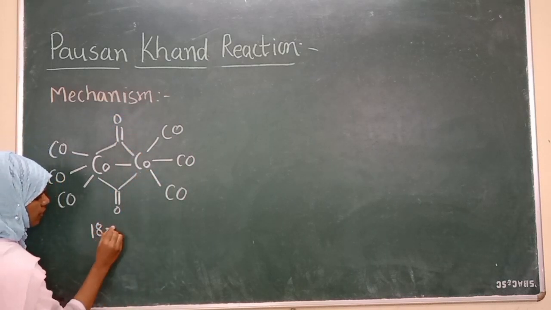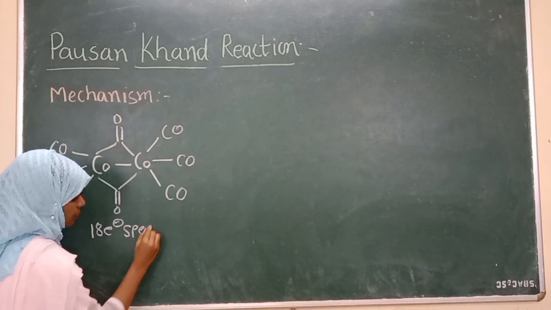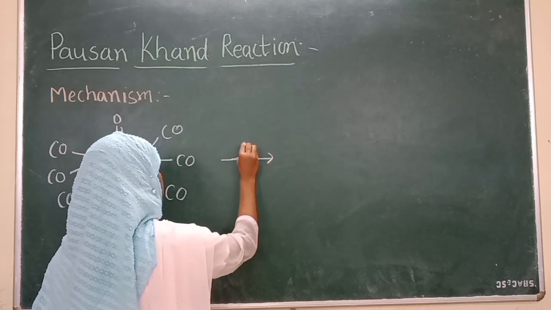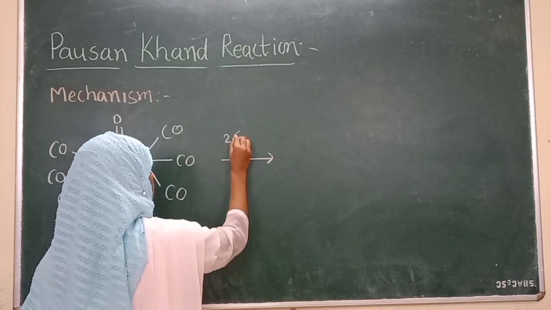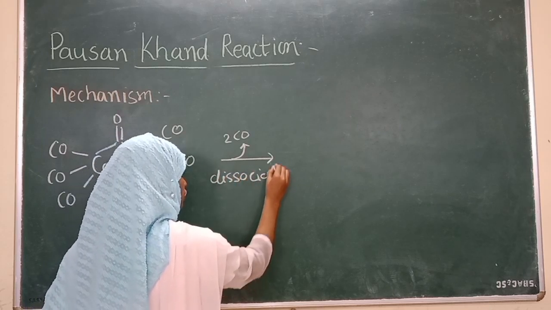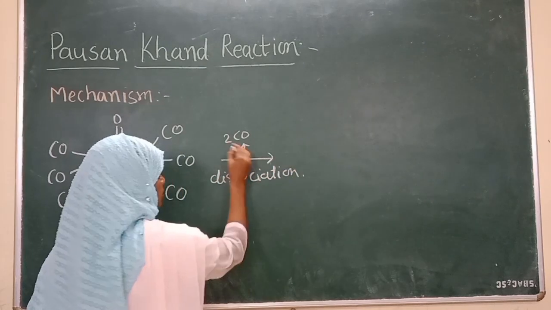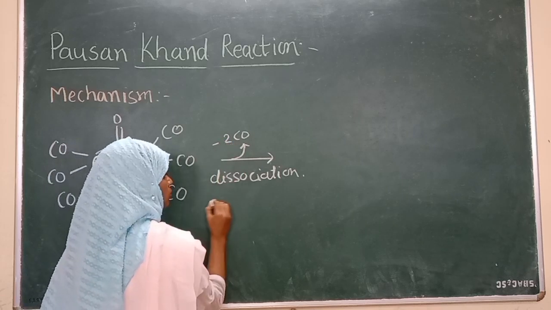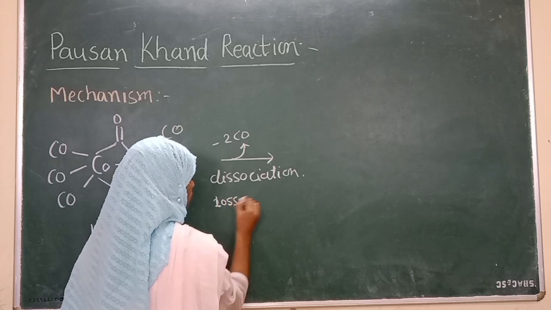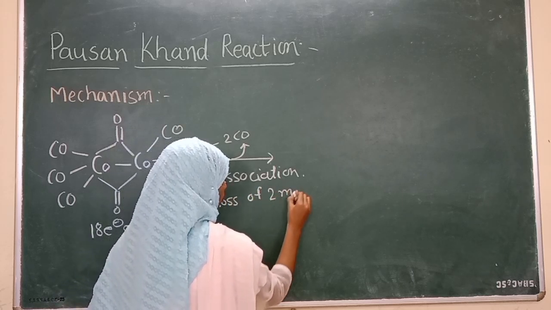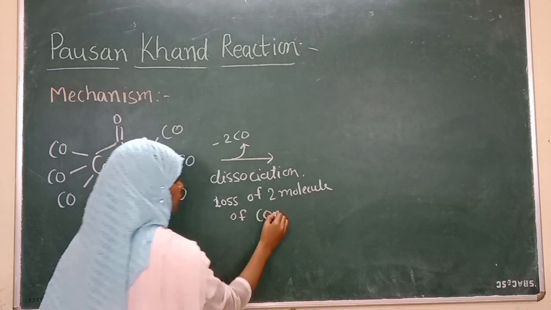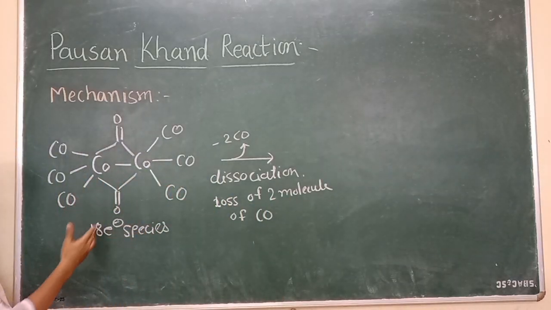Here it is an 18 electron species, which cannot take part in the reaction. Here dissociation takes place, and loss of two molecules of CO.